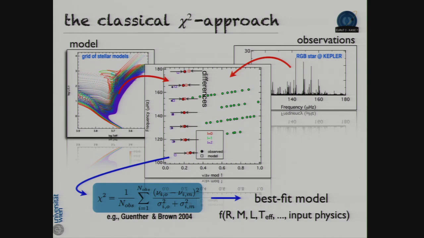So, as I said, you have a grid of models with eigenfrequencies, you have your observations, and then you just search your grid for one particular model where the differences between the observations and the model frequencies are smallest. And this best-fitting model is a function of some fundamental parameters, radius, mass, effective temperature, but also the input physics.